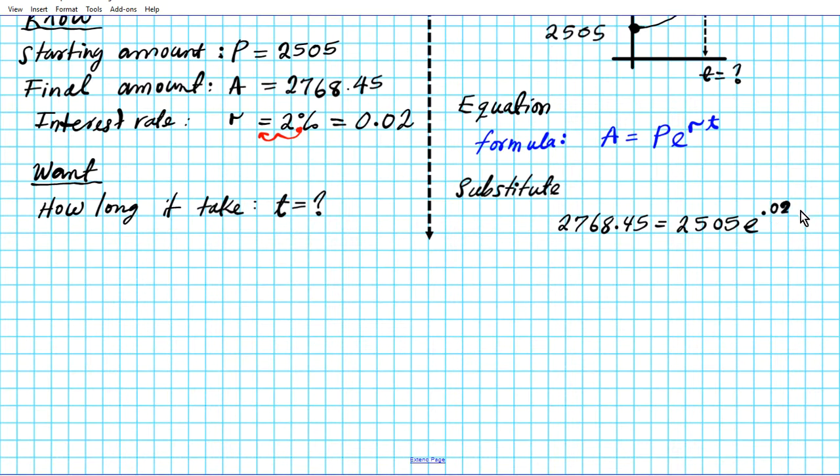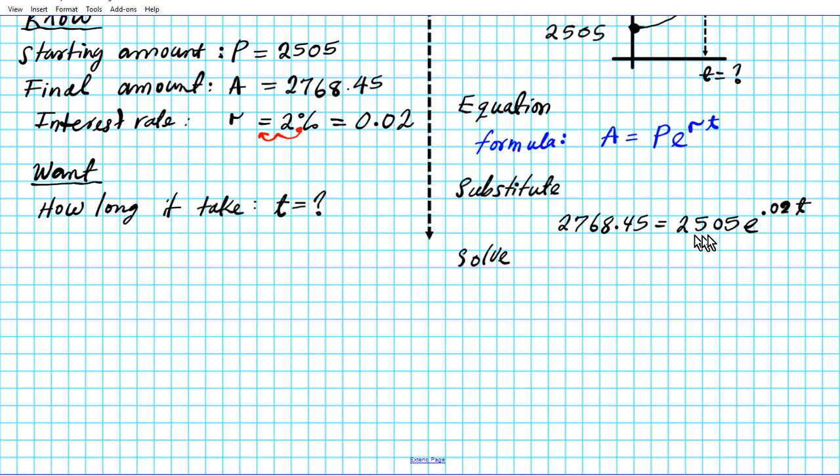We already did that computation. Times the time, which is unknown, so it retains its variable value t. Okay? All right. So now that we've carried out the substitution, we're going to go ahead and solve this equation for t. So what do we do first to isolate t?